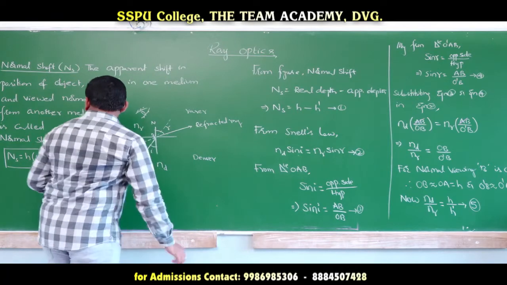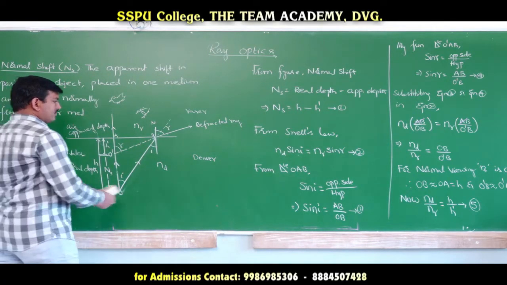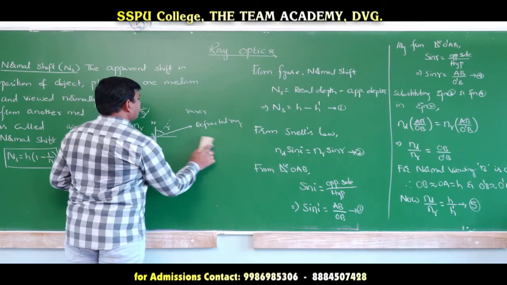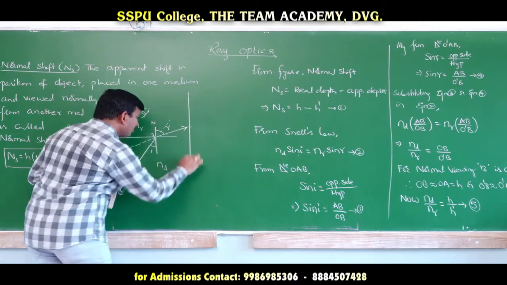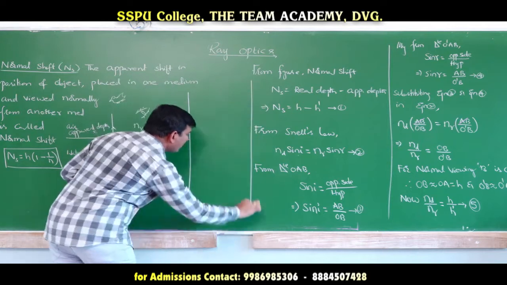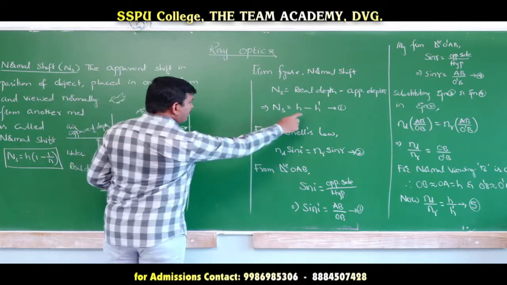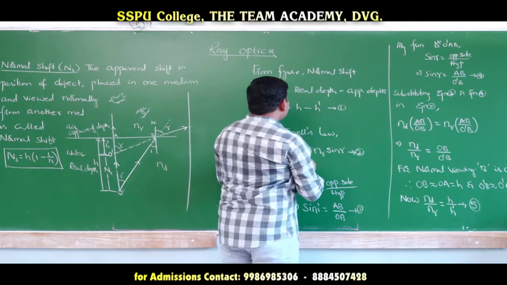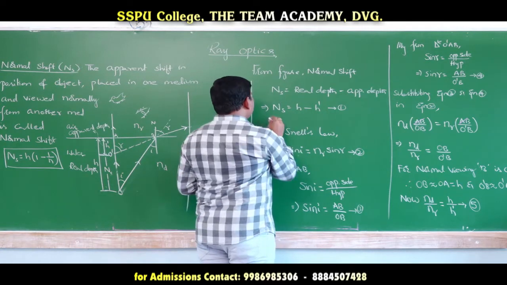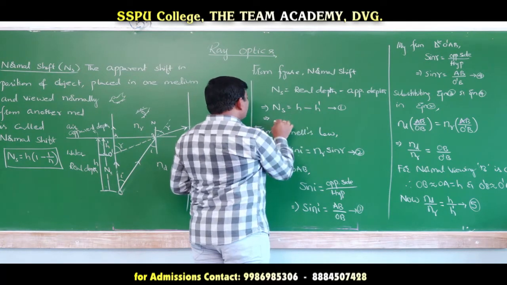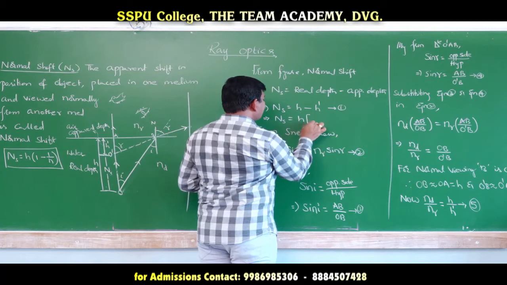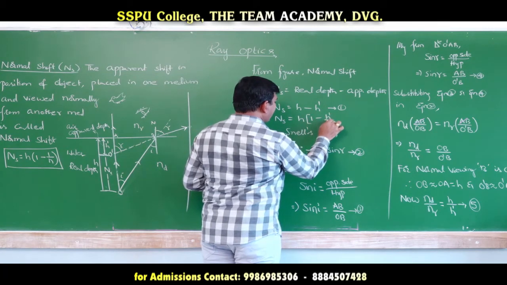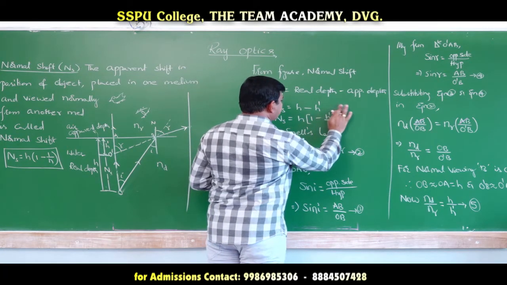Now, finally, from equation 1, write this equation a little modified like this. Ns is equal to, taking h common from this one, h into 1 minus h dash divided by h. So let me take it as equation number 1.